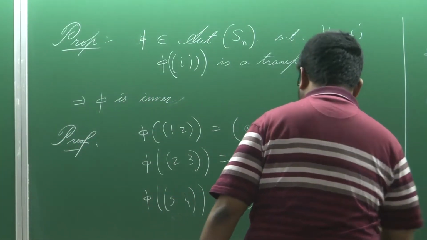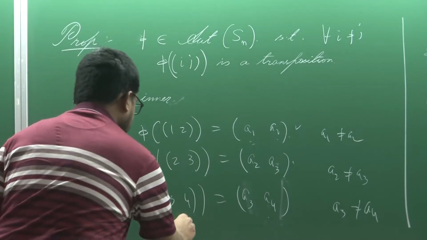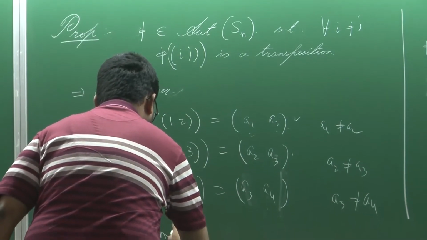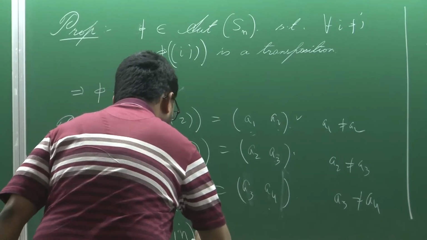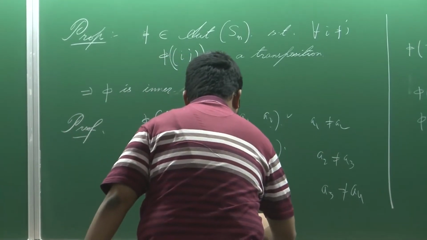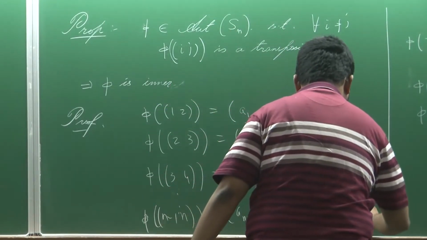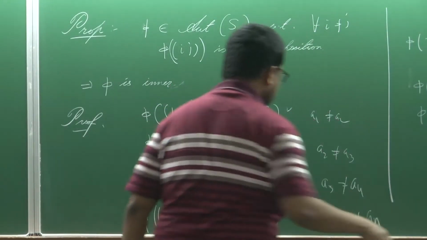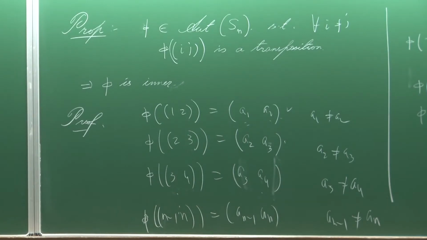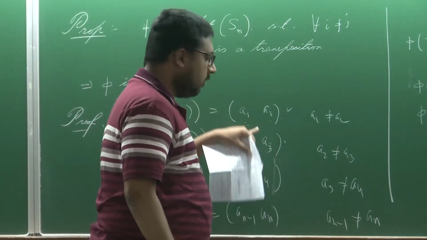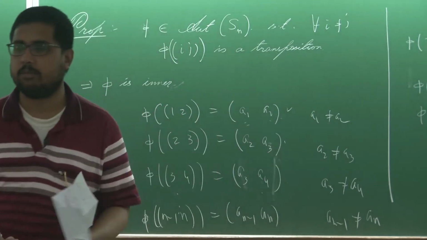Okay. So, we can continue along that line, and let us say we get, for (n-1 n), some (A(n-1) An). The main point is that A1 up to An are all distinct, and they are also from the same set 1 up to n.